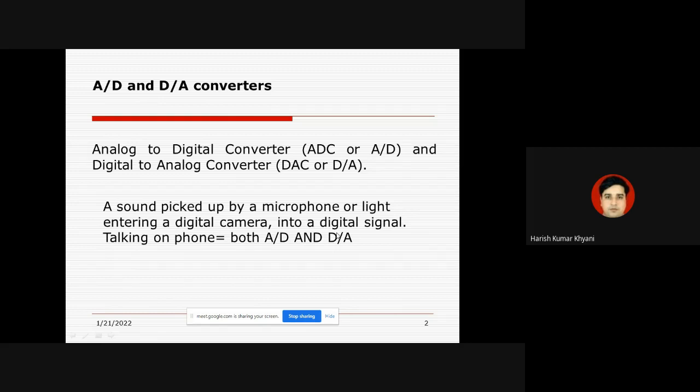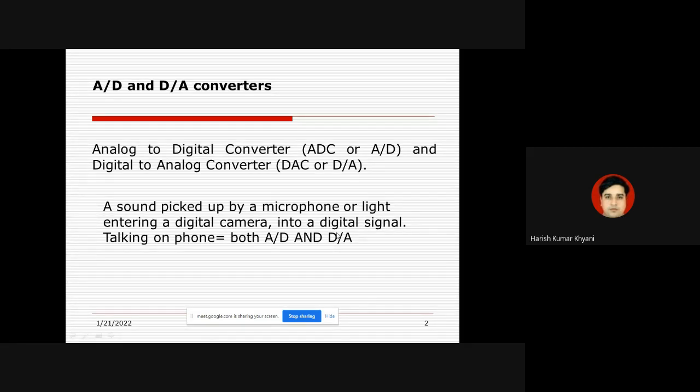Your first converter, as the name suggests, converts your analog signal into a digital one, whereas the D to A converter has a reverse process, that is, it converts a digital signal into an analog signal, right? In our day-to-day life, we are using these kinds of converters.